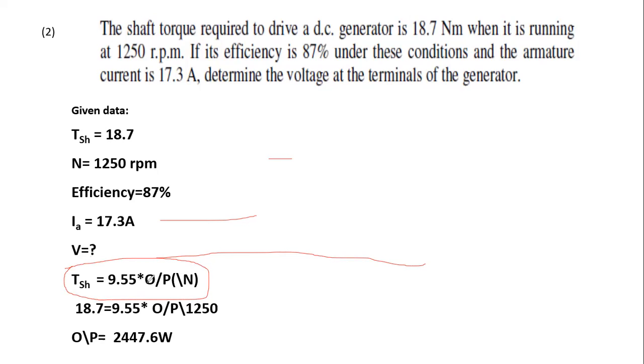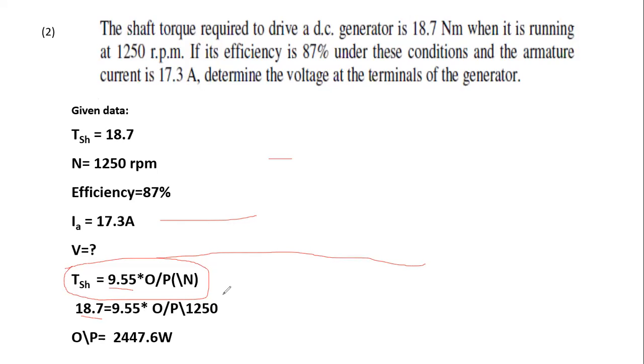What is the value of shaft torque? That is 18.7 Newton meters. Therefore shaft torque is equal to 18.7, equal to 9.55 into output by N. N is the speed, that is equal to 1250 RPM.